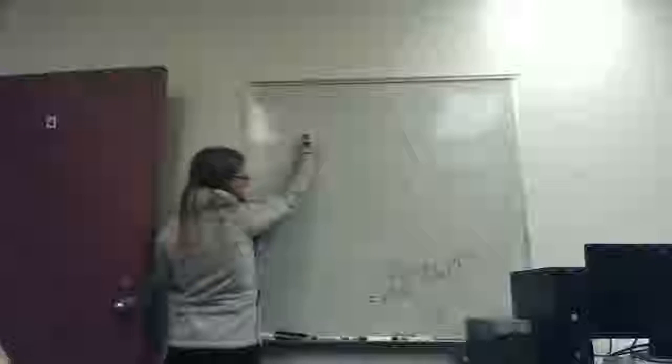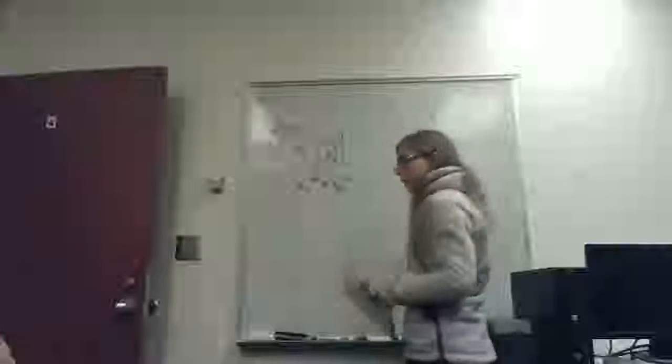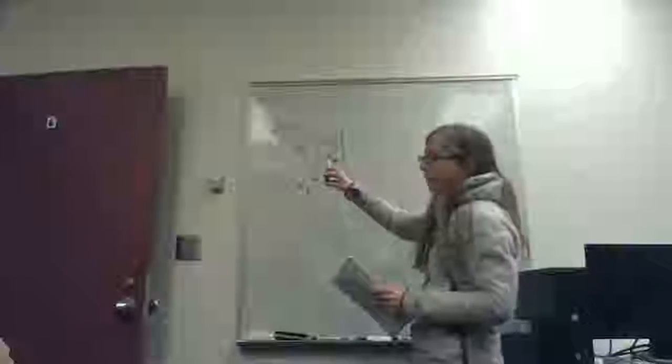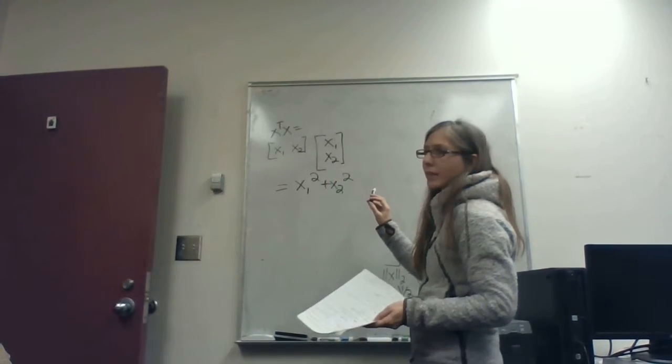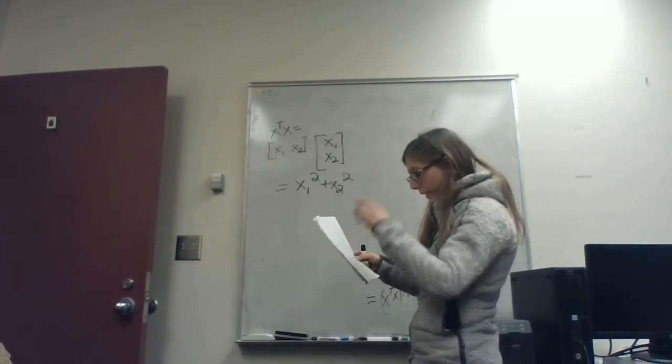You can tell that this is true because if you take x1, x2, this is x transpose, because when we say x we usually mean a column vector. So if you multiply these together, x transpose x is x1 squared plus x2 squared, and then to the 1/2, you can see that it's this. Of course that would scale to higher dimensional x's, like if it was 3-dimensional, you can see that it's exactly the same thing.